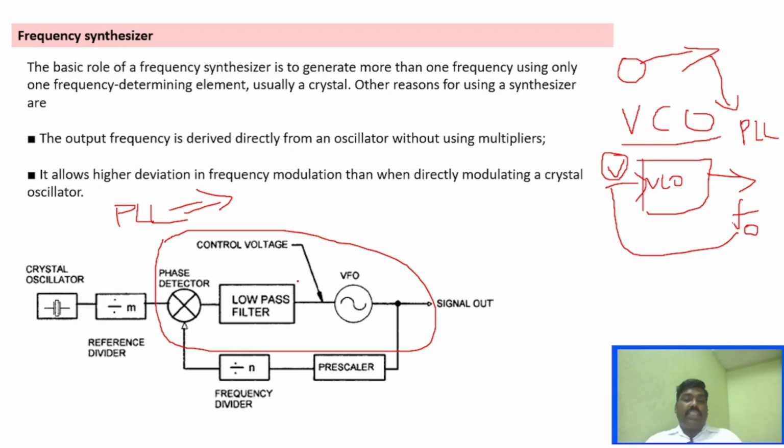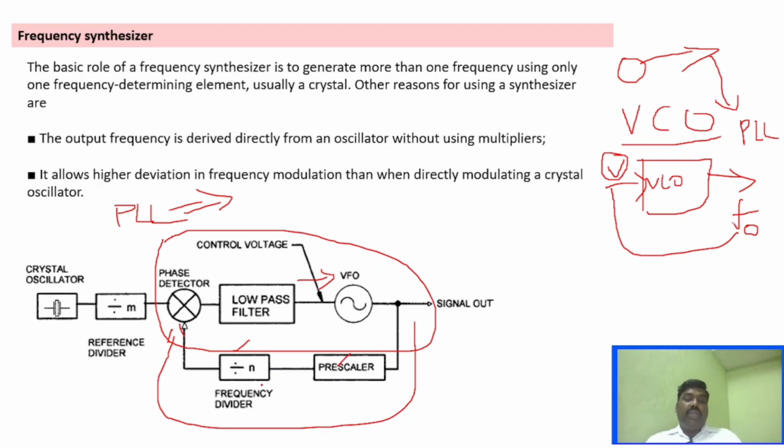The signal coming out from here controls the voltage controlled oscillator, and that signal is given as feedback here. It is the same PLL, but now it is used as a frequency synthesizer. How can we obtain a frequency synthesizer?